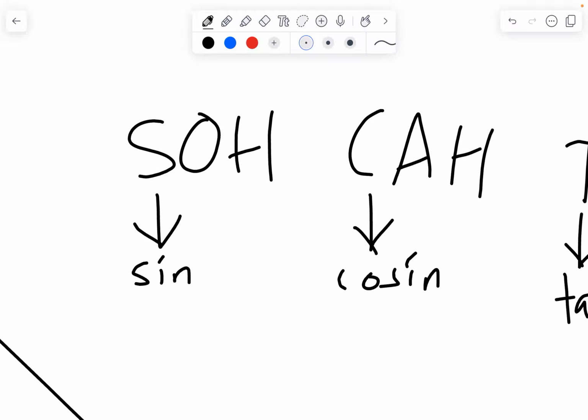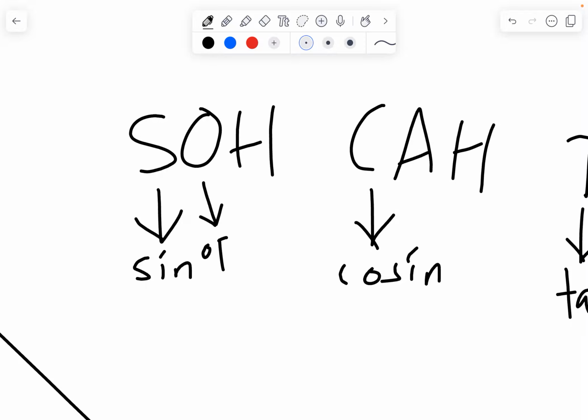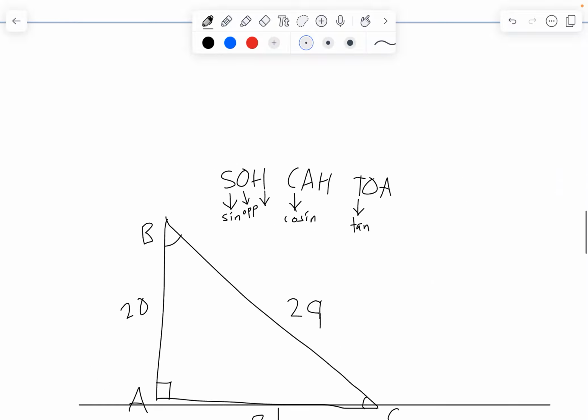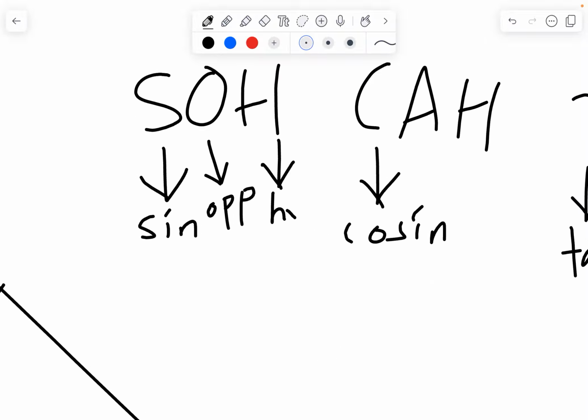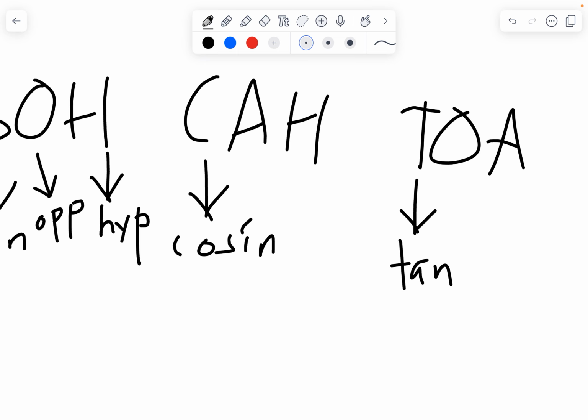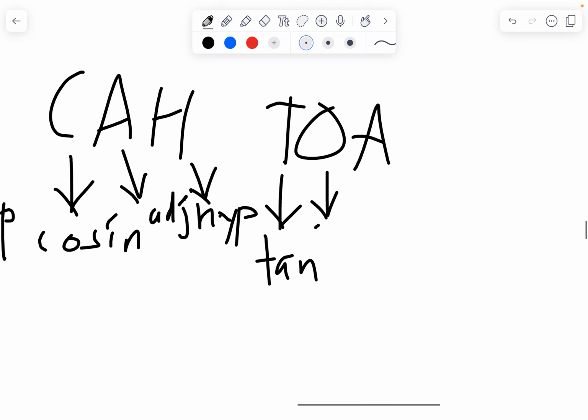O stands for opposite. There's not really much space for me to write here, so I'm just going to write op. And H stands for hypotenuse, so I'm just going to write hip. A stands for adjacent, and H is still hip. O is op, A is adjacent.